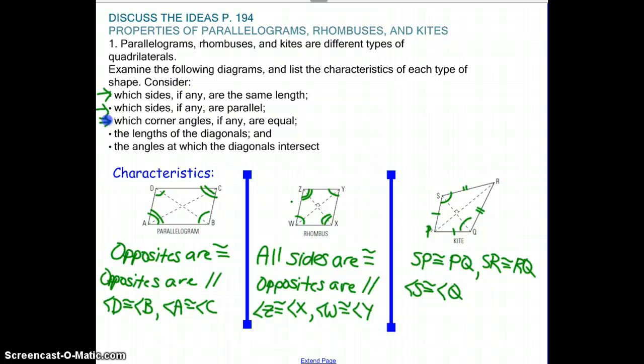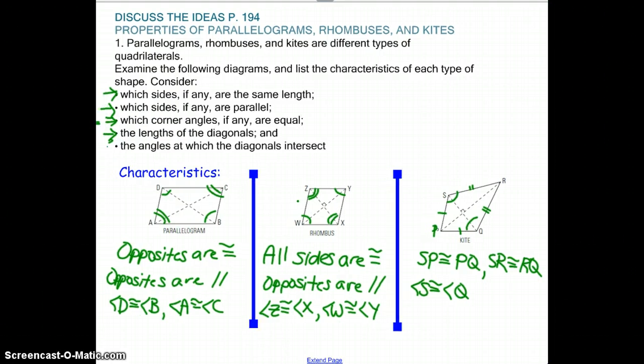Okay, then last one, sorry, not last one, lengths of diagonals. So if we look at our parallelogram, the lengths of the diagonals are not the same. If we look at the rhombus, again, they're not the same. And if we look at the kite, again, our diagonals are not congruent. Then let's have a look at the angles. So here, the parallelogram, they do not intersect at any special angles.